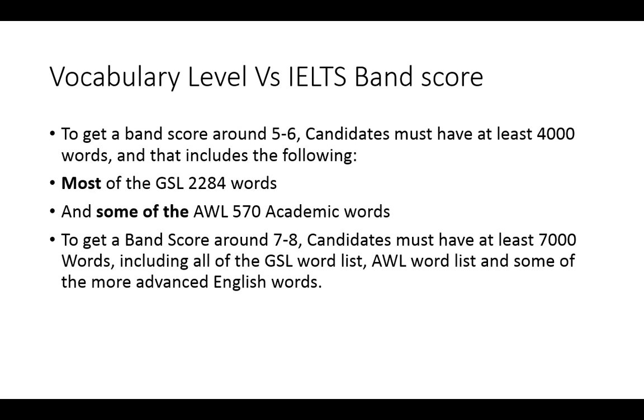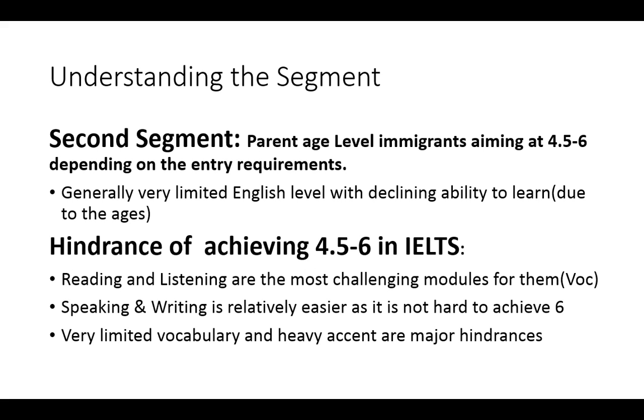So the second segment is actually the parental age level immigrants, aiming at 4.5 to 6 on the overall band score of the IELTS general training test, depending on their immigration entry requirements.